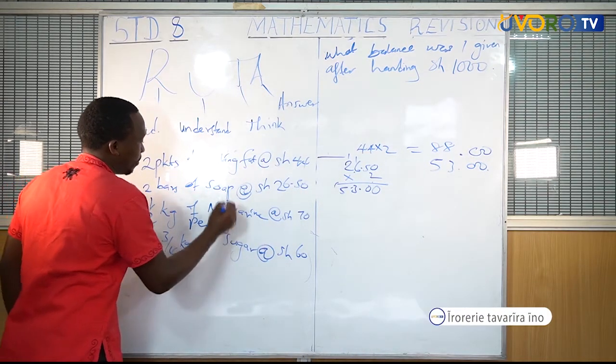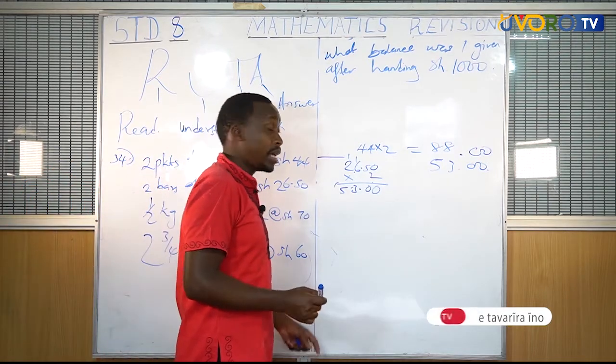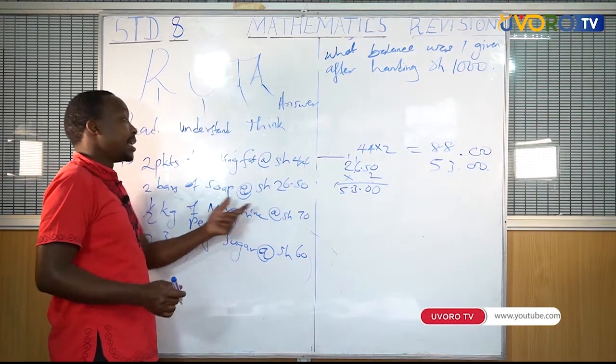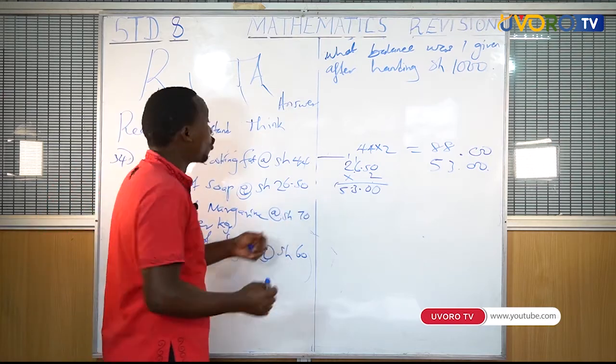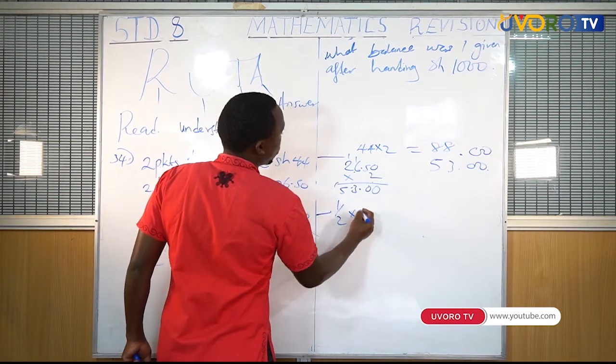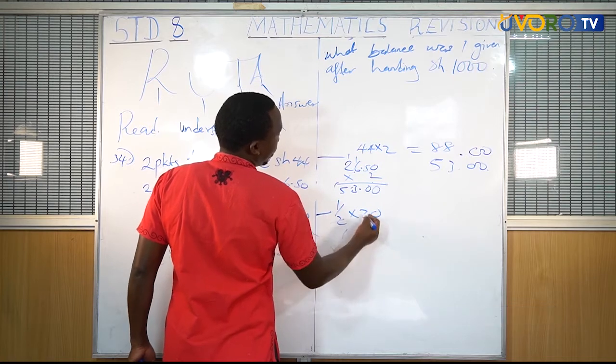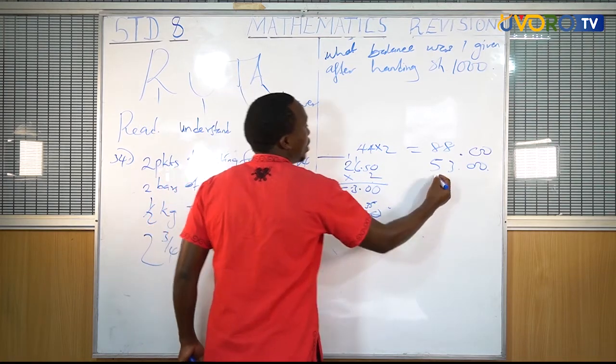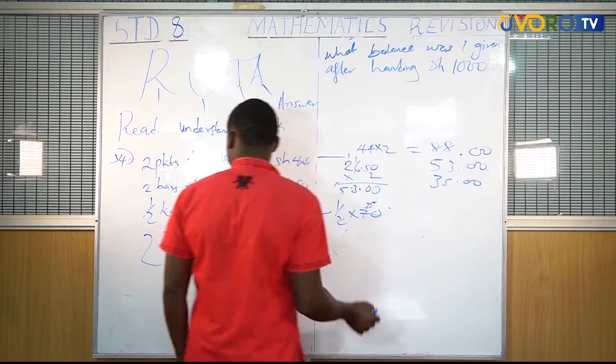Now, a half kilogram of margarine at shillings 70 per kilogram. It has not reached a full kilogram, so you say a half times 70. 1 by 2, 35. That is 35.00 shillings.